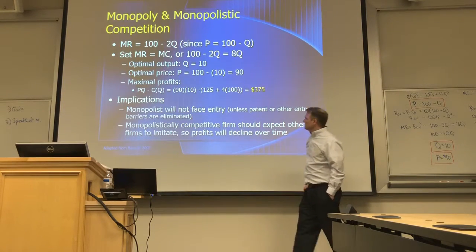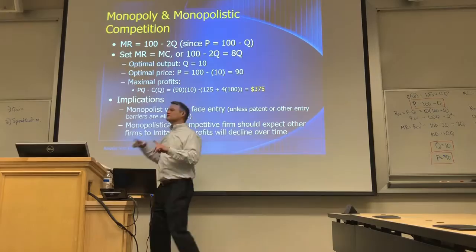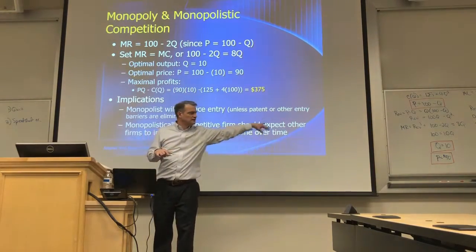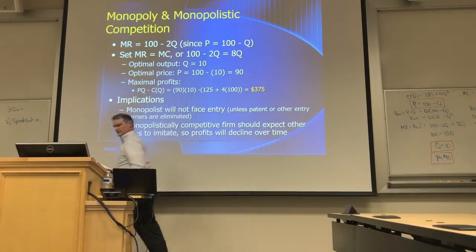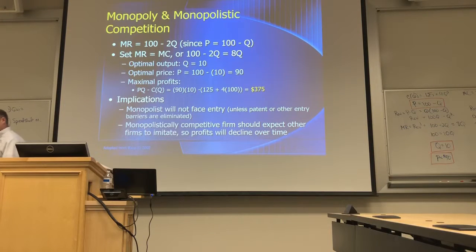So let me give you one more example to work through now that you've seen one of these. And then I've got a video to show you and we'll be done.